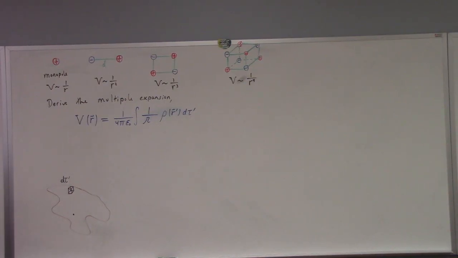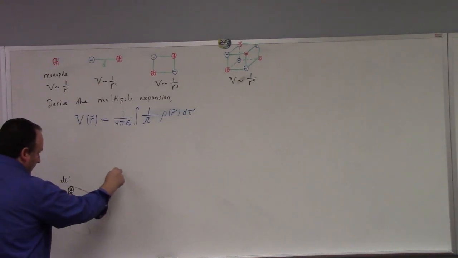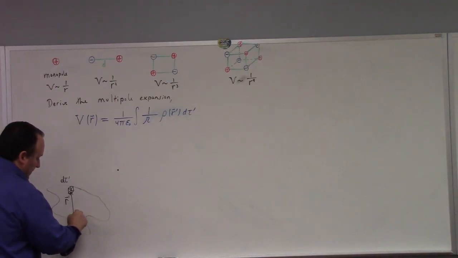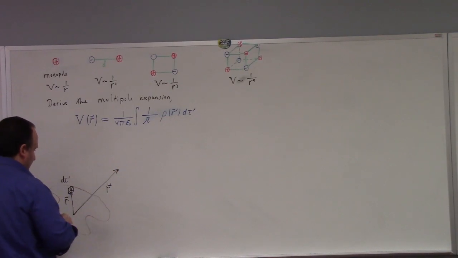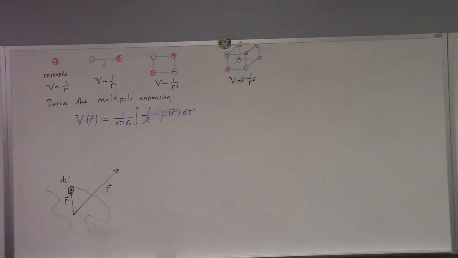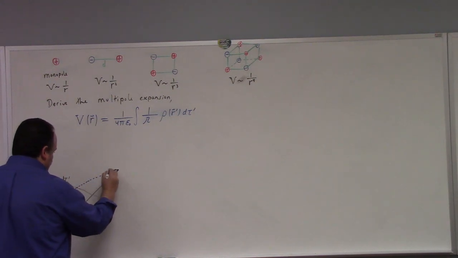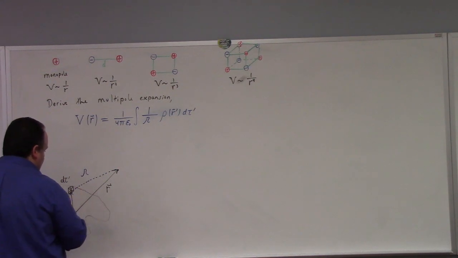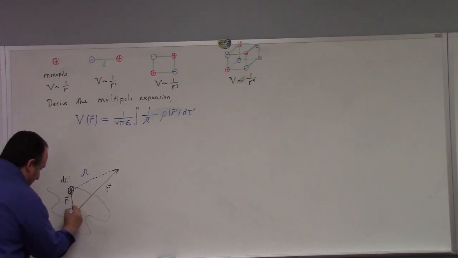And then I'm setting up my r prime, right? I want to find the potential out here at my field point, r. And you know the deal. Script r is this distance right here, right? Use your imagination, that was supposed to be a straight line. Now, we're going to call this angle down here alpha.